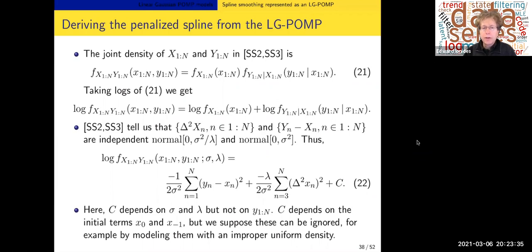So in equation 22, we can just write the sum of two squared terms times their variances. This is the Gaussian log likelihood plus the constant c. A little wrinkle to do with the initial values. Really, c could depend on the initial terms x_0 and x_{-1}, which formally show up in the likelihood. We suppose these can be ignored, for example, by modeling them with an improper uniform density. So we're going to leave them out of the calculation.